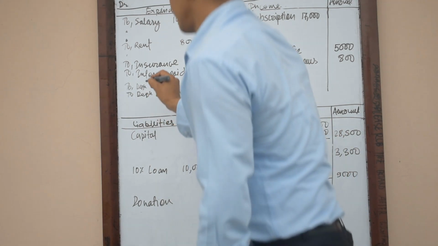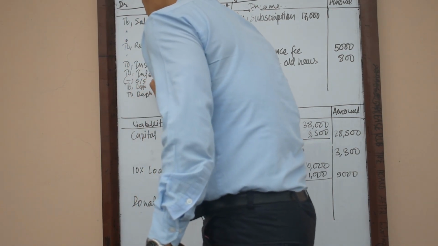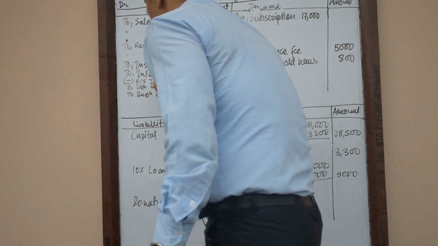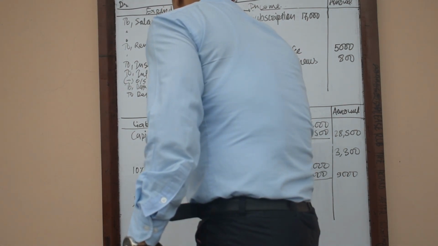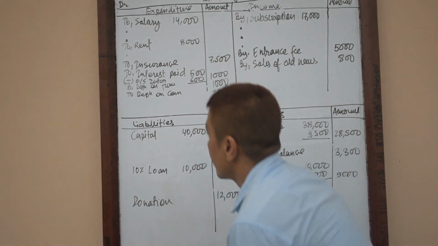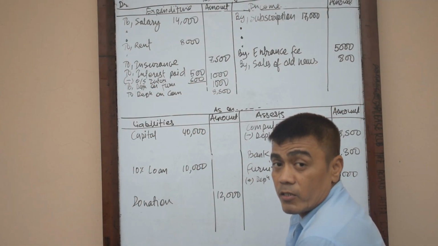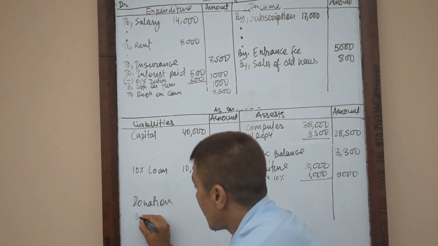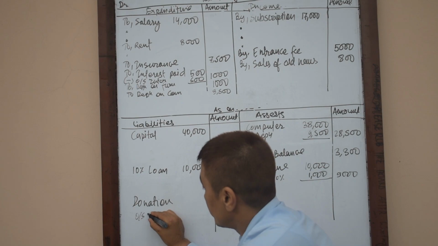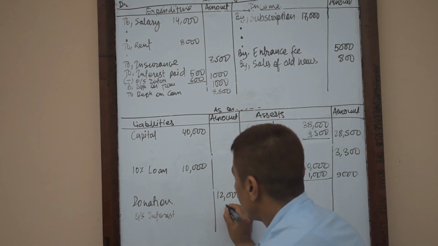So we'll add here plus outstanding interest 500, 1,000 is outside. And now outstanding interest is a liability to the organization, so that must be recorded here. Outstanding interest, it is 500.